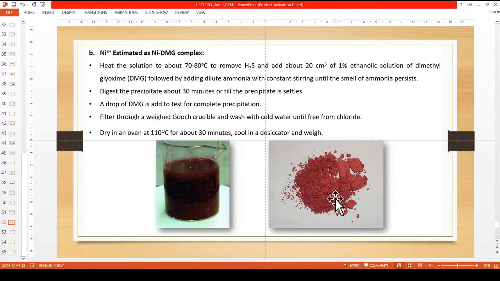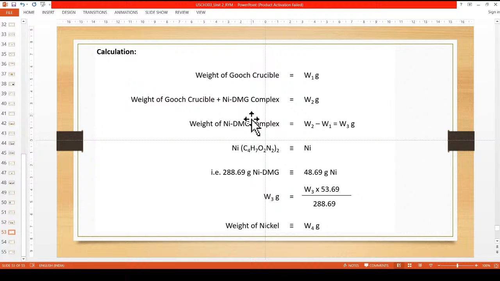So just find out how much amount of nickel DMG is there in complex. So 1 mole of nickel DMG corresponds to 1 mole of nickel. Equate that, जैसे practical के लिए theoretical yield निकालते हो. So by equating, whatever amount of nickel will come. So this is how gravimetry works.